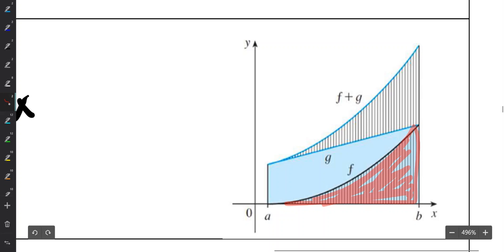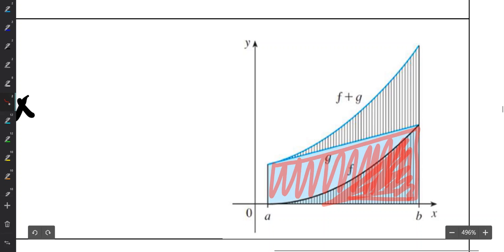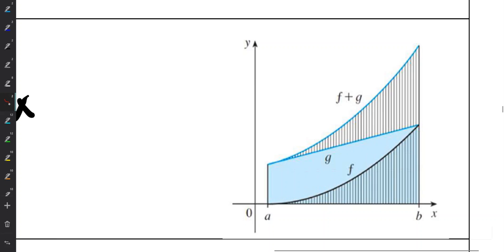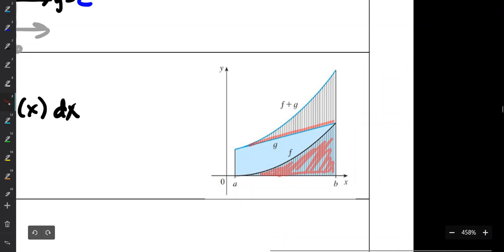The area under g is all this. You want the area under f plus g? Then just take the area under g and then add on the area under f. What they're showing you here with those vertical lines is that this area right there is the same as this area. Not a proof, but some compelling visual evidence.